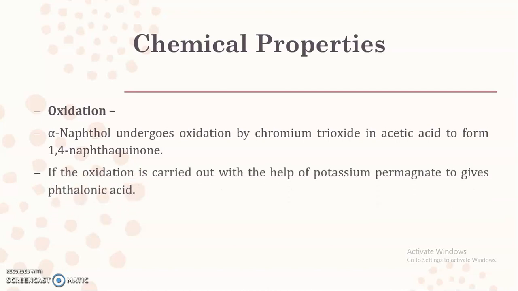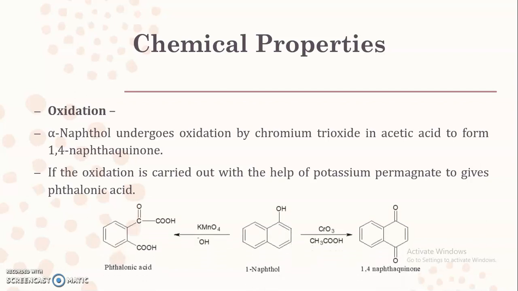If the oxidation is carried out with potassium permanganate, it gives phthalonic acid. That means the product obtained after oxidation depends upon which type of oxidizing agent we use. If we use chromium trioxide in acetic acid, we will get 1,4-naphthoquinone, and if we use potassium permanganate as the oxidizing agent, we will get phthalonic acid as our product.